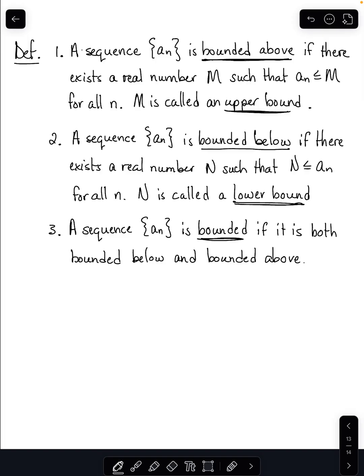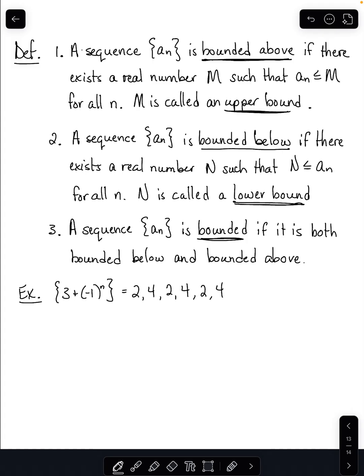Examples of this would be, once again, we'll take a look at this guy. This sequence is bounded. It is bounded above because no term ever gets larger than 4.